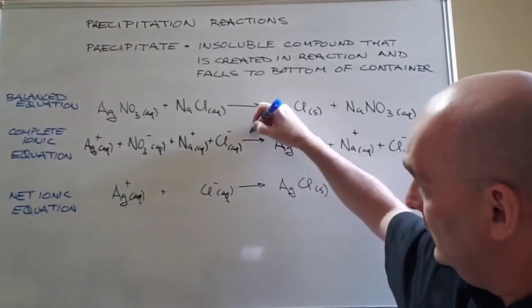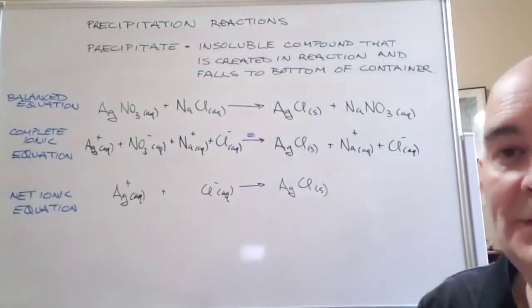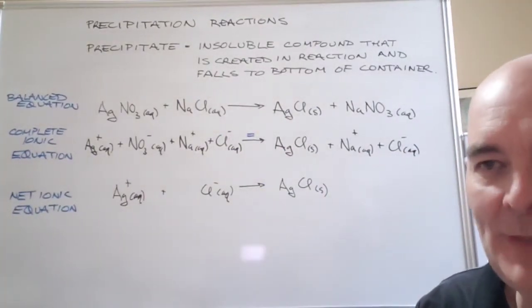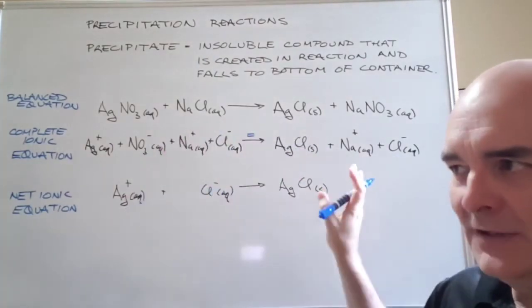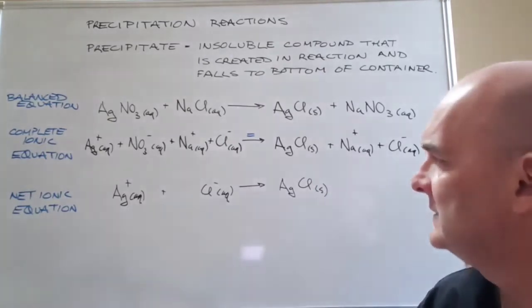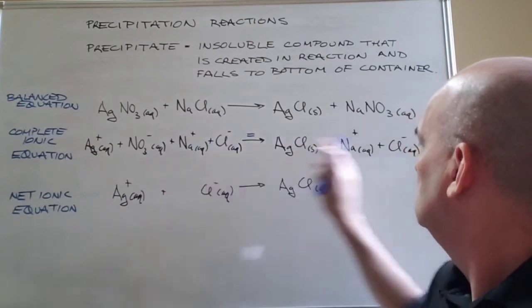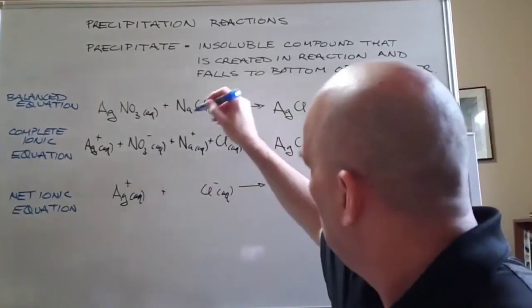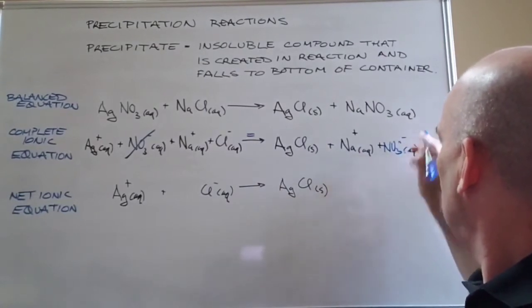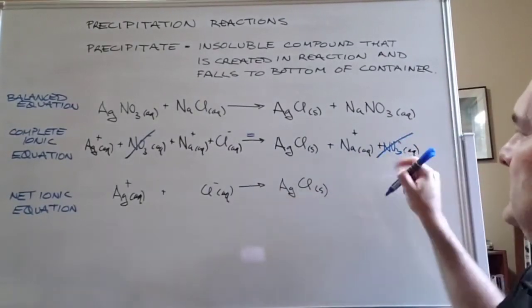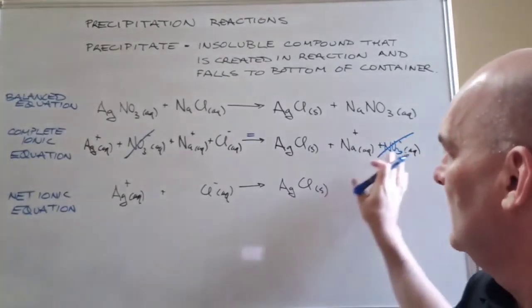Now, the arrow in this equation is the same as an equal sign in a mathematical equation. And in math, if you have numbers on both sides of the equation, they cancel out. So that nitrate and this nitrate, which I had inaccurately written down as chloride just a second ago, they cancel out.